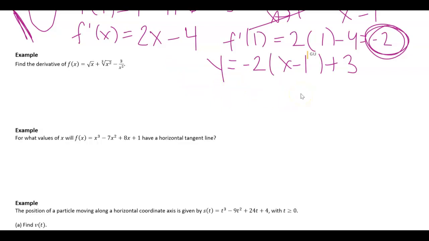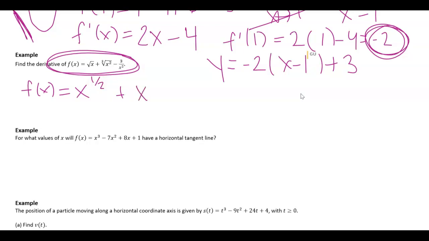We're going to rewrite this function with rational numbers as the exponents. So I'm going to say f of x, and I'm going to rewrite square root as x to the 1/2 plus cube root of x squared is x to the 2/3.